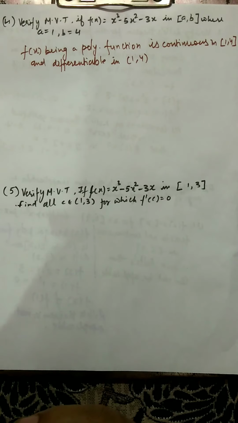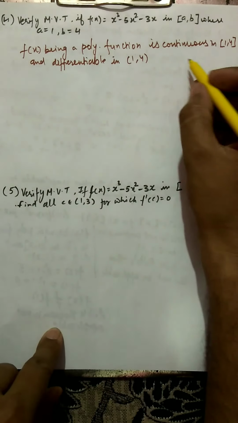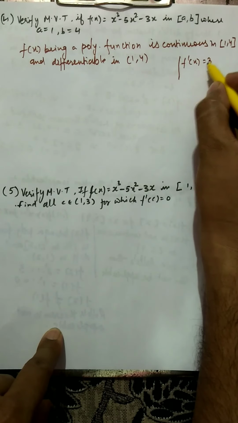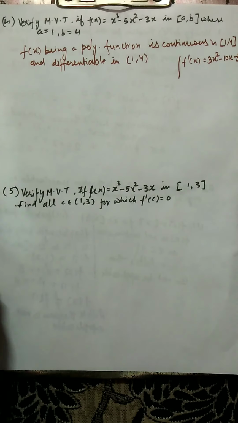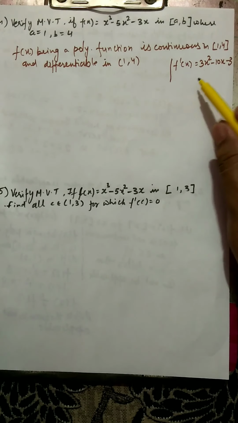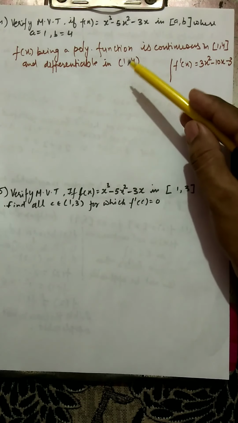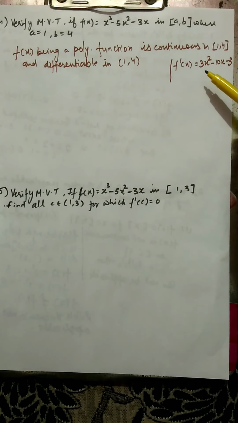A differentiable function means you can differentiate the function. For example, here f'(x) will be 3x² − 10x − 3. So this f(x) is differentiable because you can substitute any value from 1 to 4 and this function will remain defined.